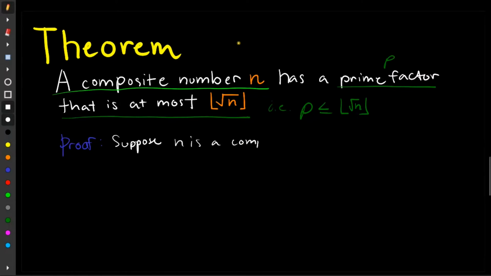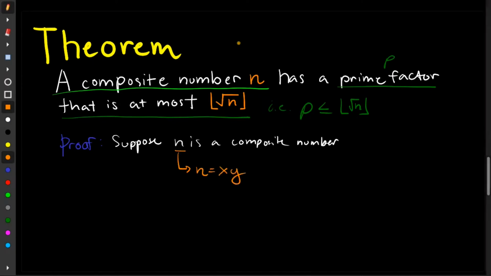When we say n is a composite number, this refers to n being equal to x times y, wherein x and y are elements of the natural numbers, since we're dealing with positive numbers here, and x and y are between 1 and n.